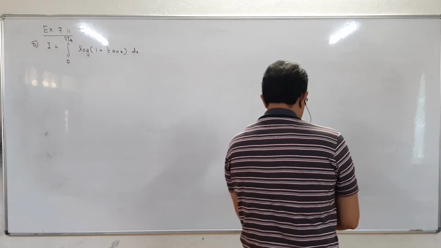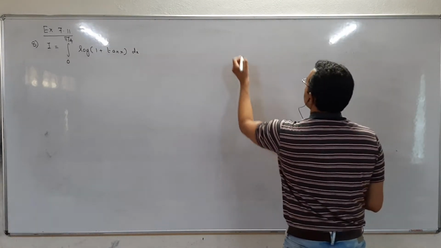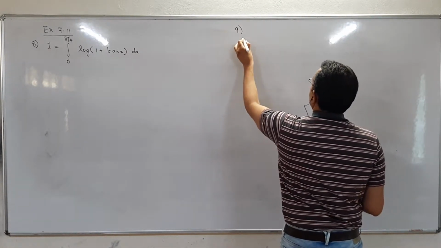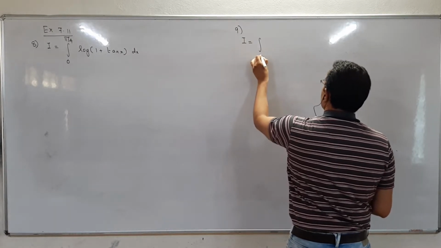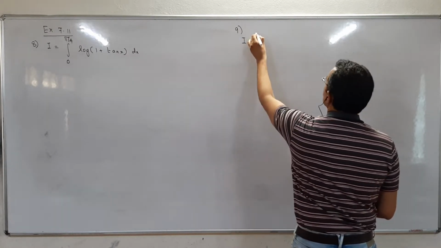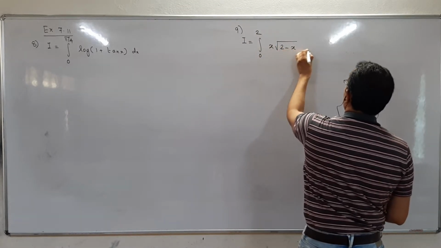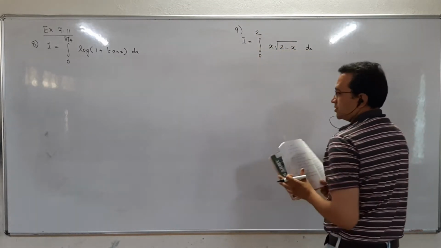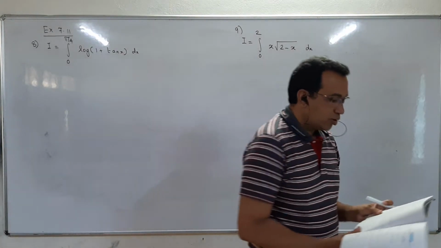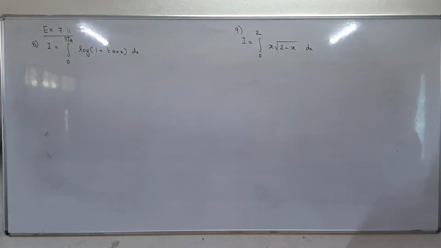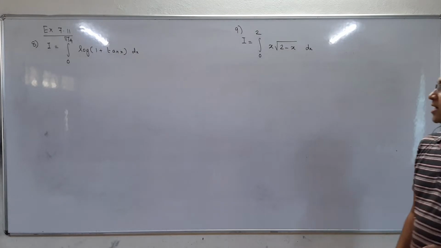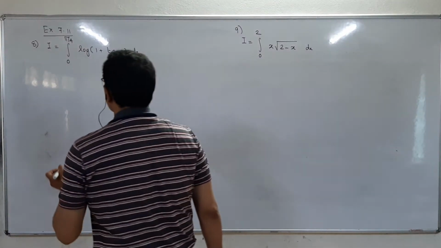Okay. And students, I am writing the ninth sum also. The value of the integral from 0 to 2 of x into square root of 2 minus x dx. Okay. Now, students, pay attention which property I am going to apply.